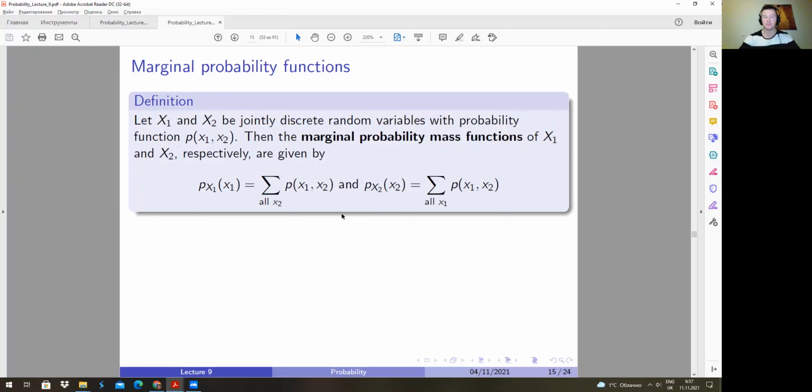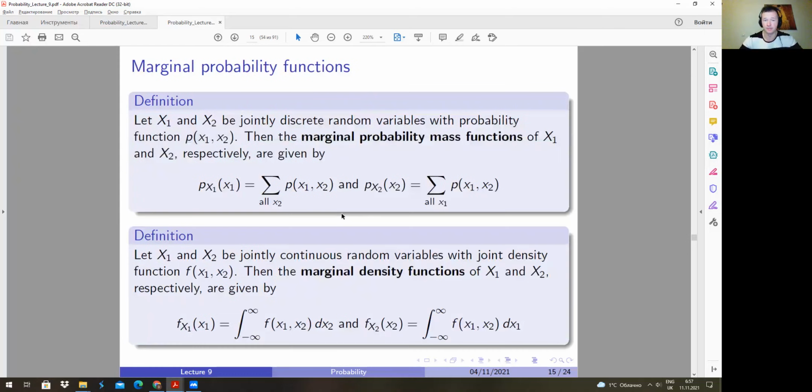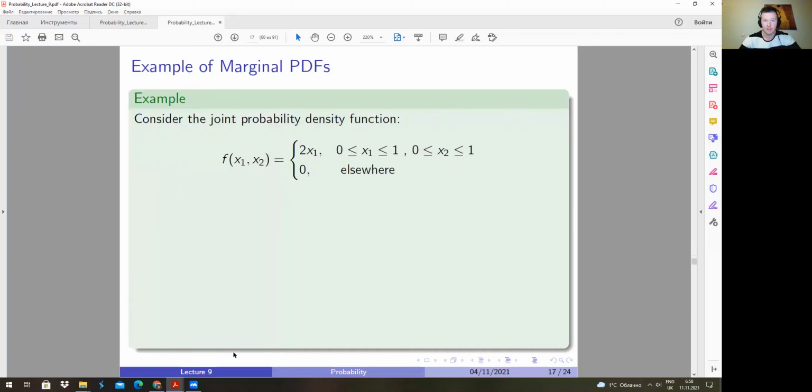That's it. And depending on the type of the variable, either discrete or continuous, you either sum probabilities over the values of another variable, or you integrate them.